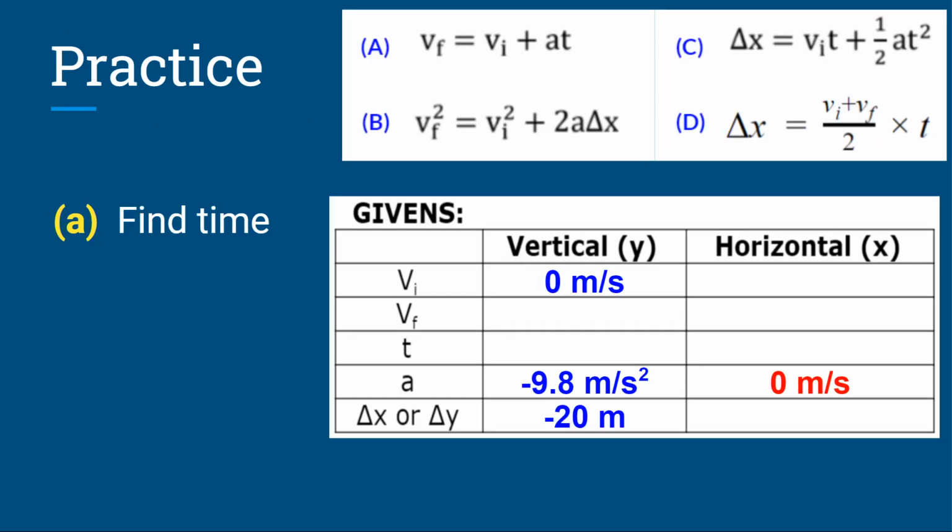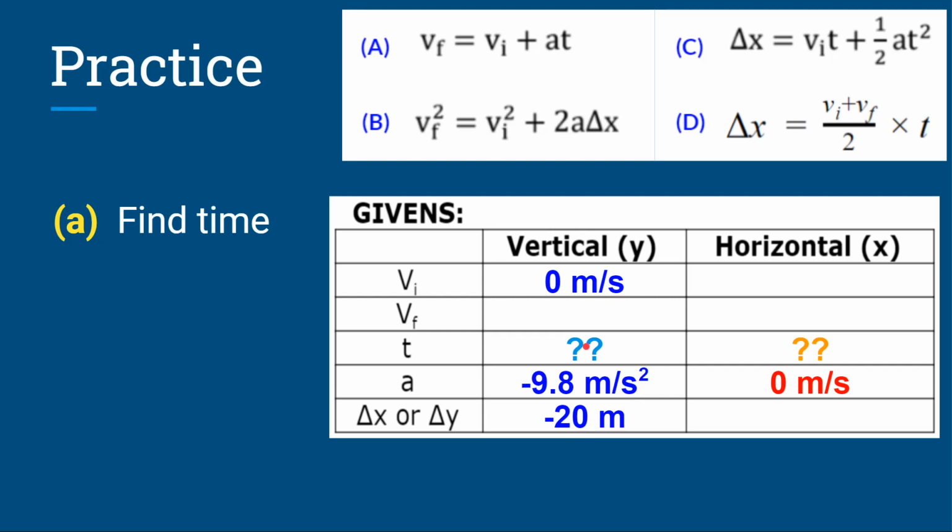So finding time, we're looking for this, and again, time isn't really vertical, it doesn't have a direction, but if we find it with our vertical data, we can also fill it in on the horizontal side of our table, because time doesn't have a direction like that. I have VI, A, delta y, of course these up here all say delta x, but I have change in position in the y direction in time.